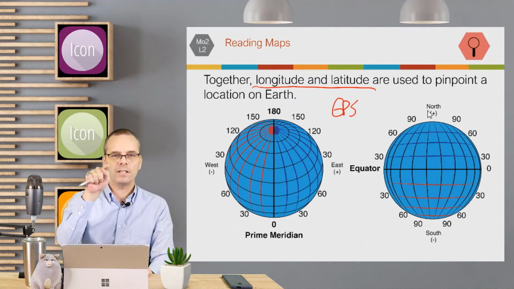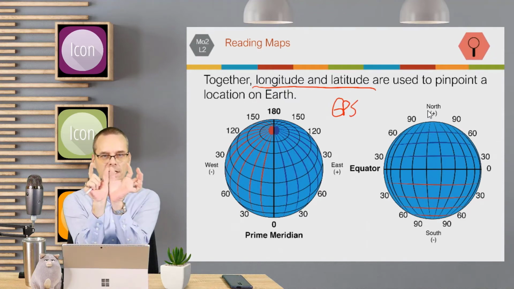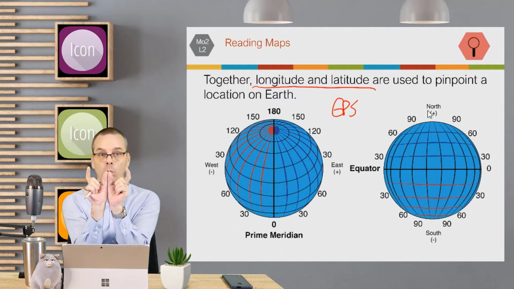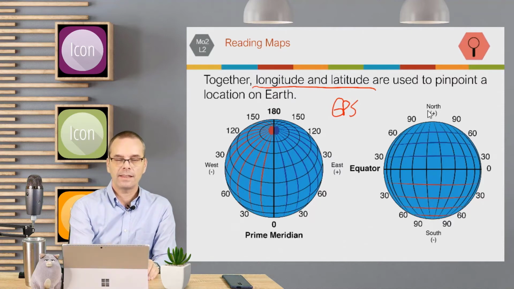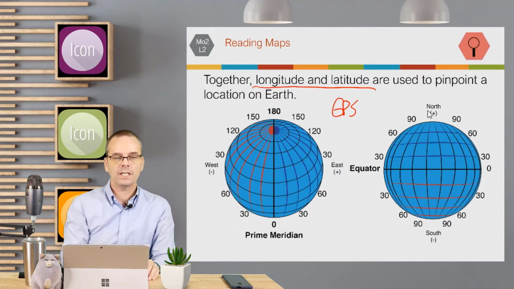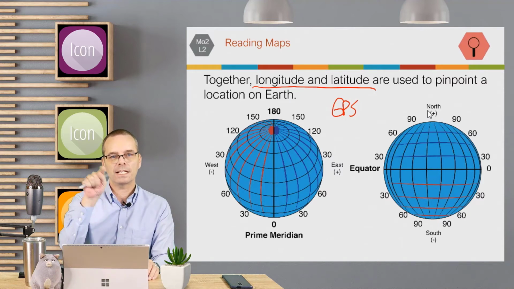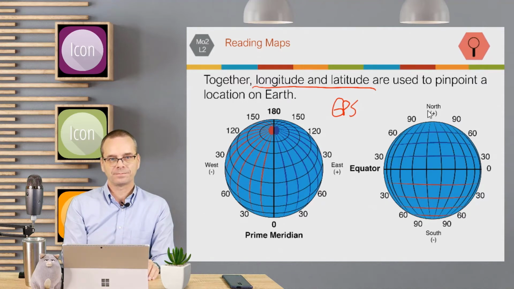If you've ever had to enter in the numbers, there are always two sets of numbers. One number is longitude and the other is latitude. Using that, they can find a location anywhere on Earth.